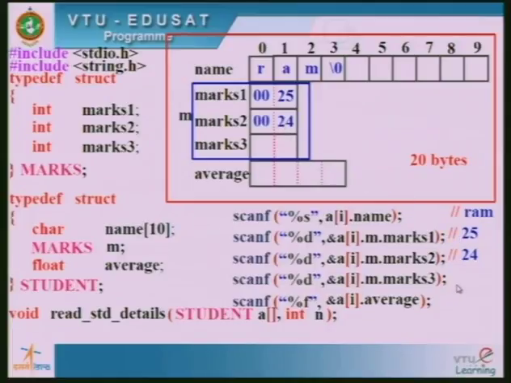And finally, if I enter 23 as the marks, the 23 should be copied into which field? Marks 3 here. And finally, I want to enter the average, say 24.5, and that will be copied into this particular field. Okay. Now, we have entered the marks of which student? First student. In that case, I should be what? 0. I can be 1, I can be 2, I can be 3, and so on.